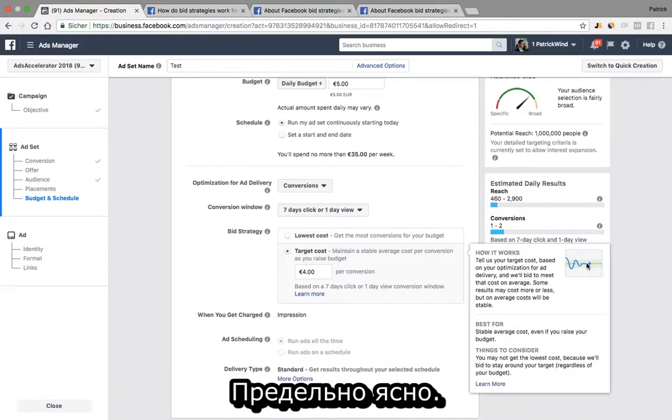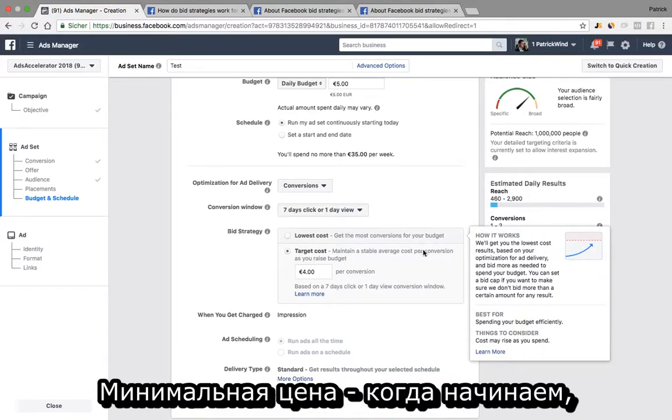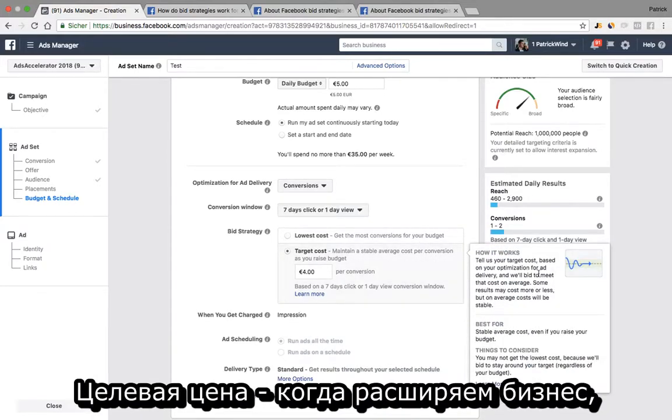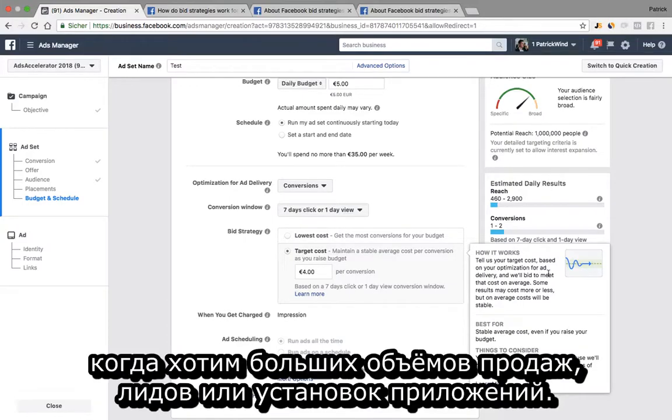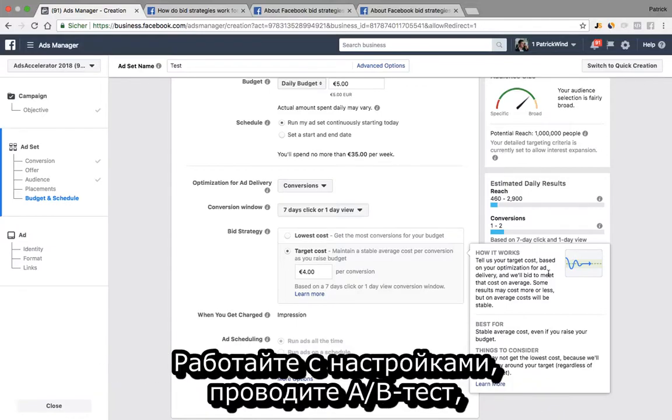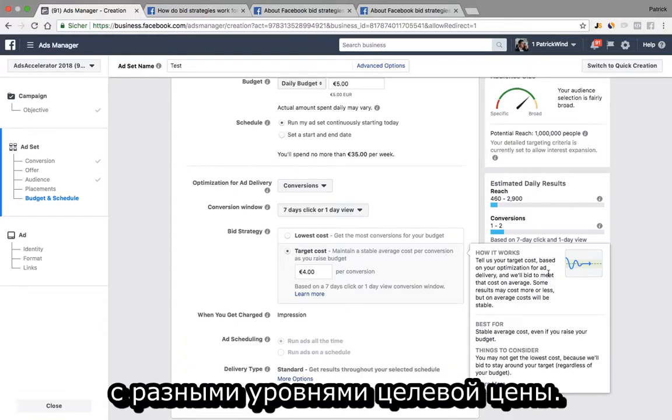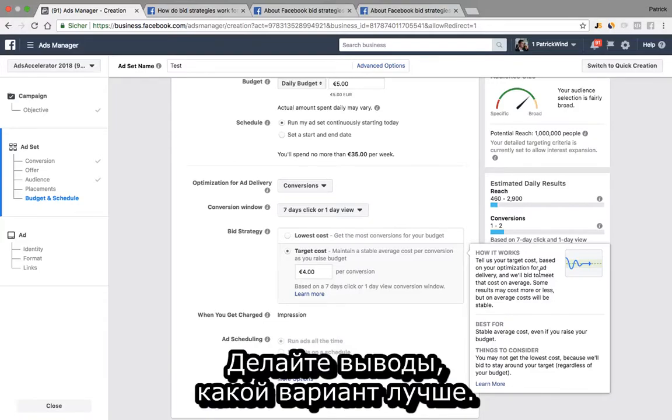Okay, so pretty clear. Lowest cost one is very good in the start. Target cost one is when you want to scale your business, when you want to get high volume of sales, leads, or app installs. Then you should really play around and A/B test the different target cost values and see what performs the best for you.